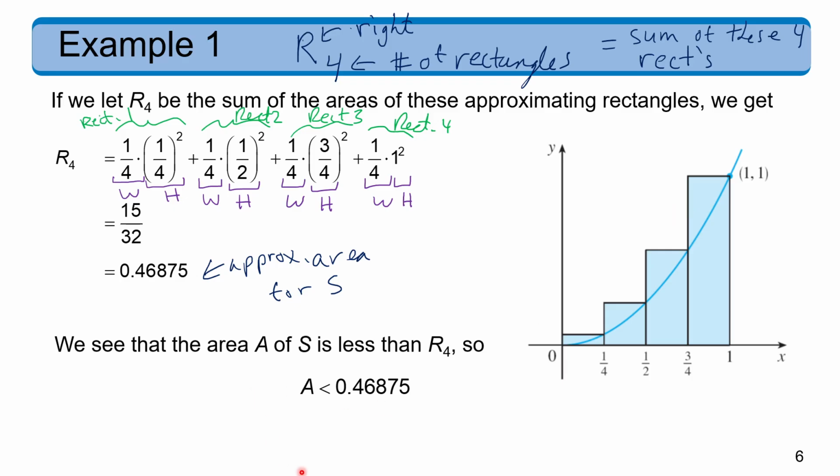So the actual area, which we're calling A, has to be less than the value we just calculated. Our original estimate was that the area was between 0 and 1. Now we've narrowed it down more. We now know it's less than this decimal here, so it's significantly less than 1, right? So we'll continue looking at some other approximations and see if we can improve our estimate even more.